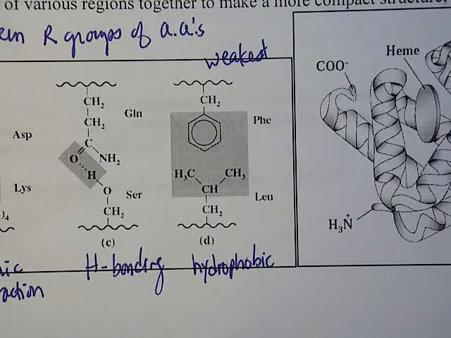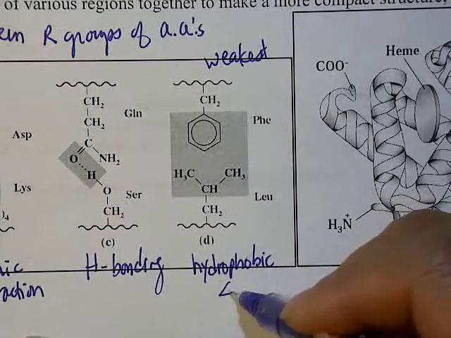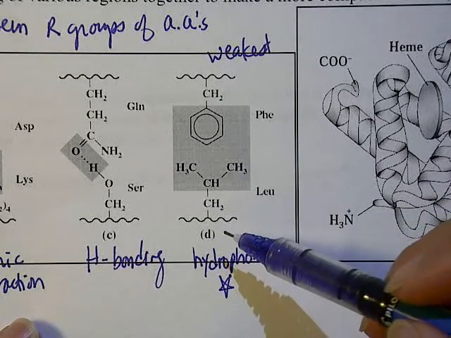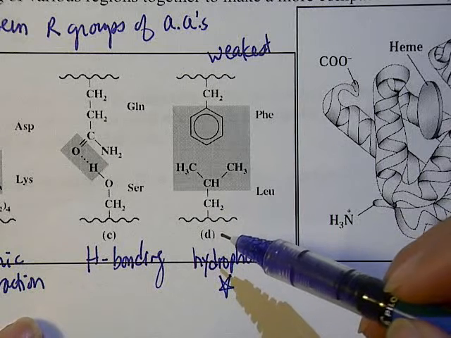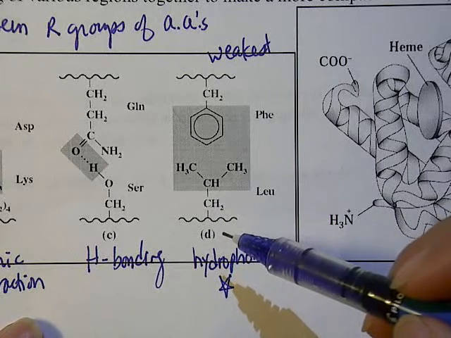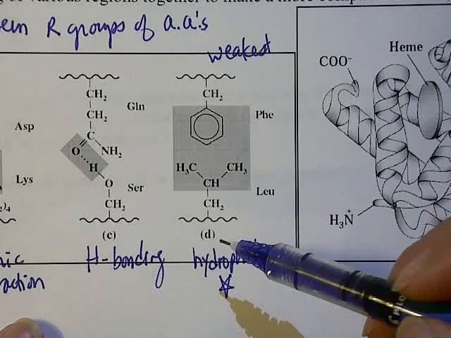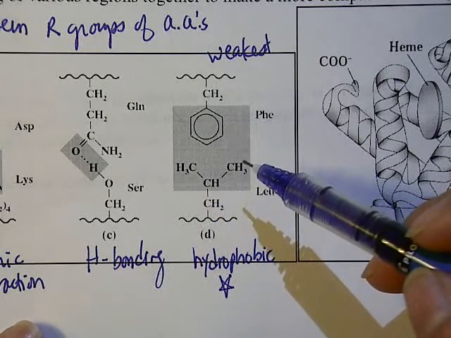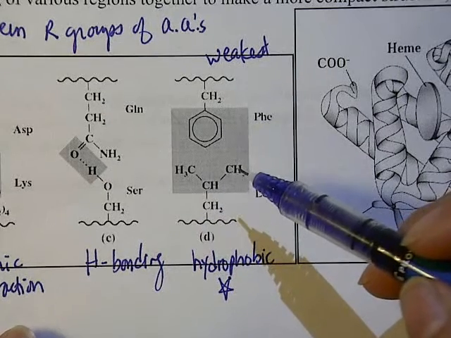All right, the reason why I put a star there is that even though hydrophobic interaction is the weakest, it is sometimes the most significant force in proteins, because there are so many of these nonpolar amino acids usually.